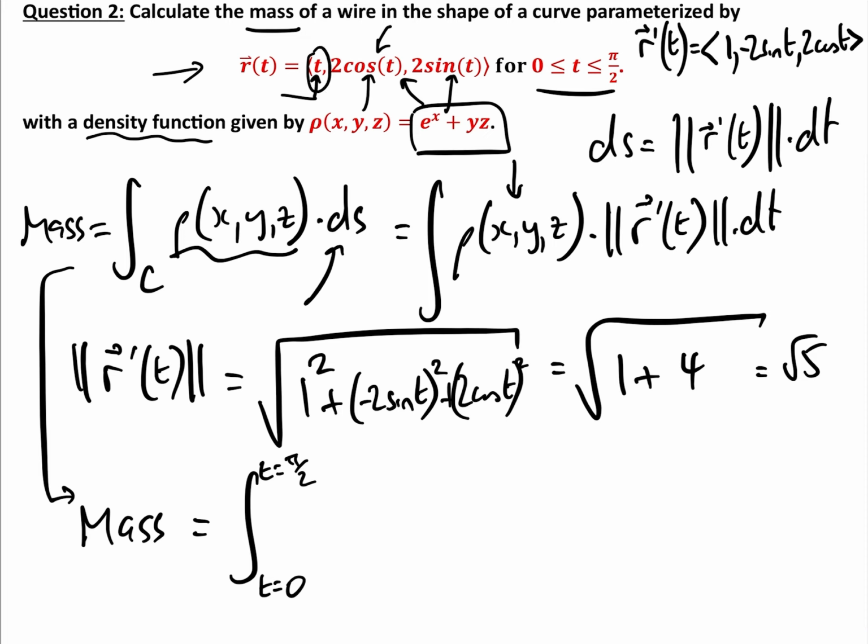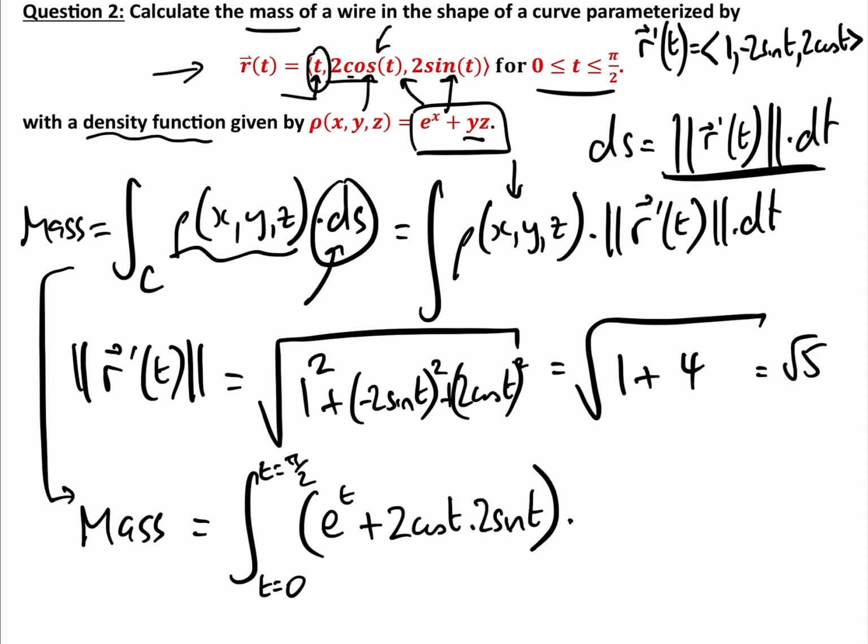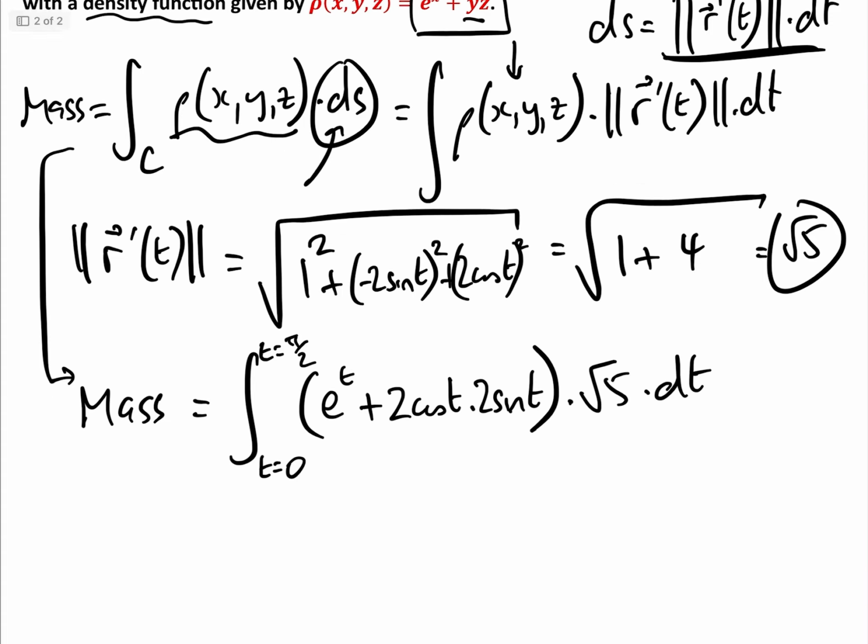We know that x is t, so that gives us e to the t add, well, y and z are 2 cos t and 2 sine t, so that'll be 2 cos t times 2 sine t, times ds, which we know is the magnitude of r dash t dt, which we have already worked out. The magnitude of r dash t is root 5, so that'll be times root 5 times dt.